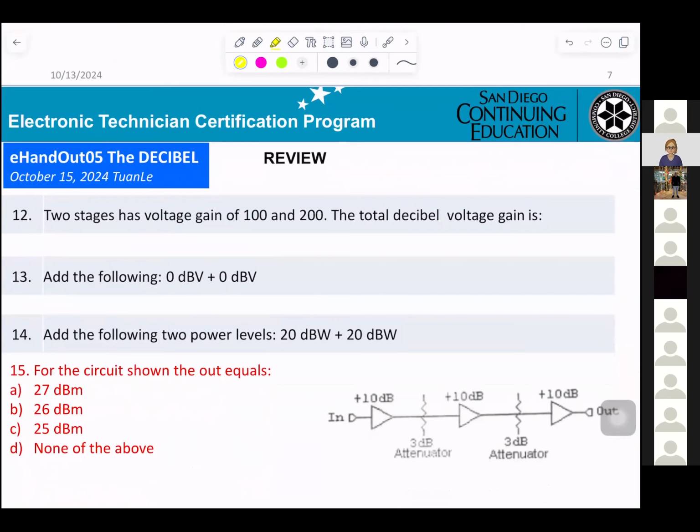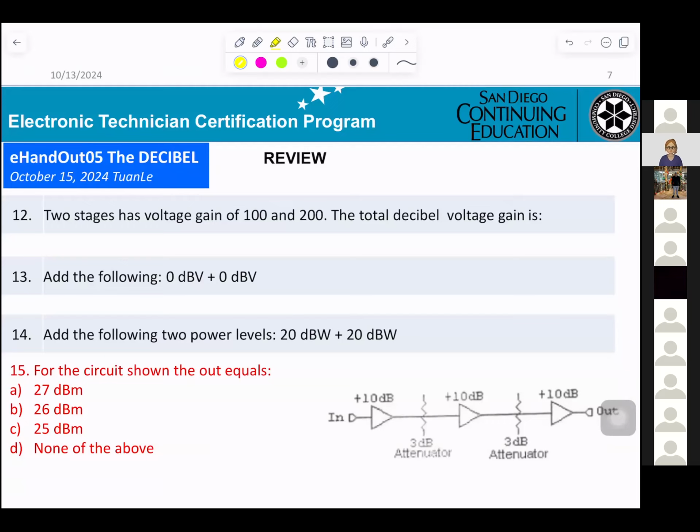Like in here, they add 0 dB volt to 0 dB volt. You cannot add dB to dB. You have to convert into volt, add it, then convert it back to dB.